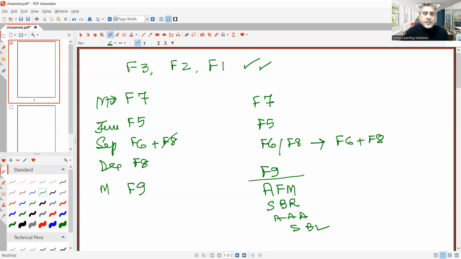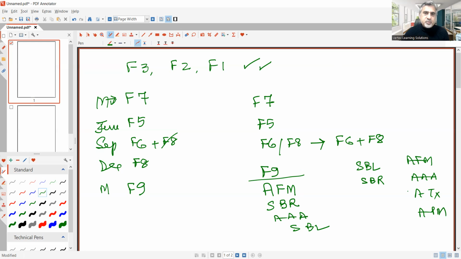In your professional level, you have two compulsory exam papers, SBL and SBR, which you have to take in any case, and you have 4 optionals, which are AFM, AAA, ATX and APM.